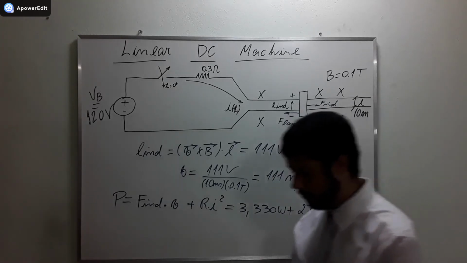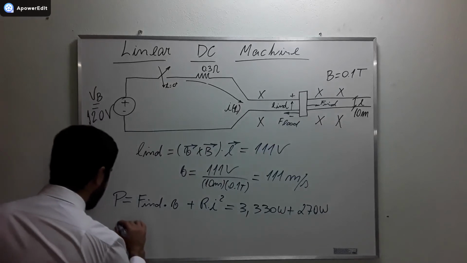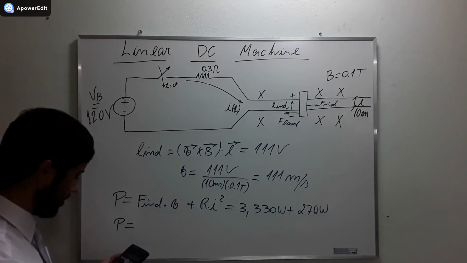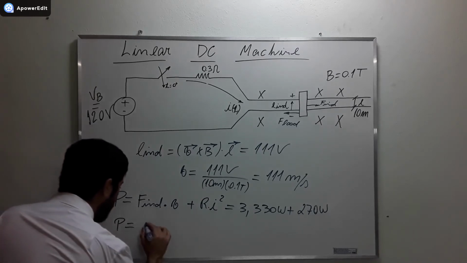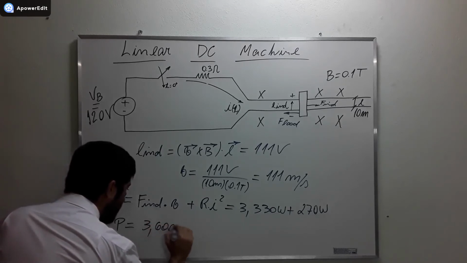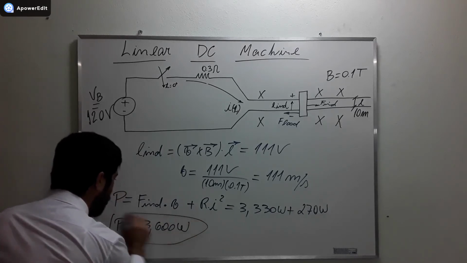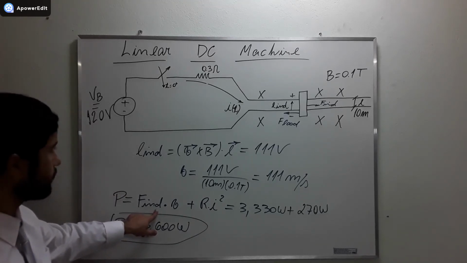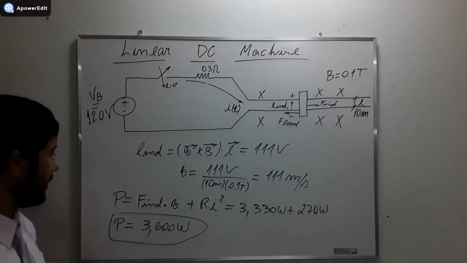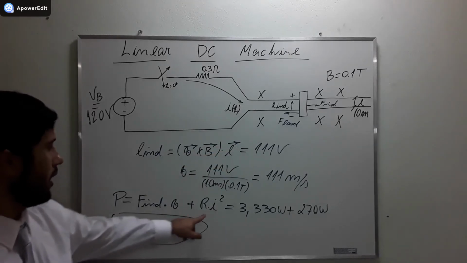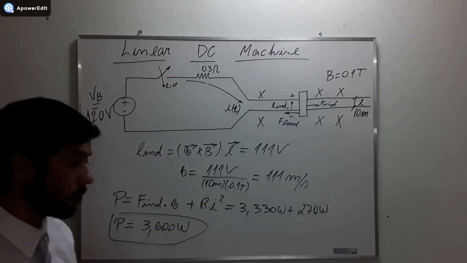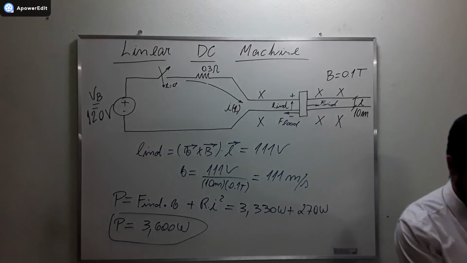So now we find that the power consumed by the system to be 3,330 plus 270, which is 3,600 watts. Okay? This is the mechanical power being converted there from electrical to mechanical, and this is the power consumed by the resistive element. Alright? Are you guys understanding everything?